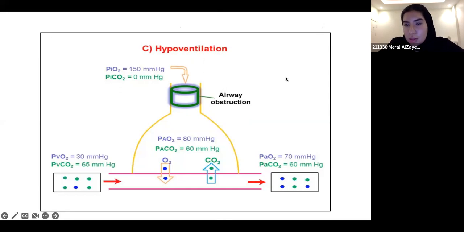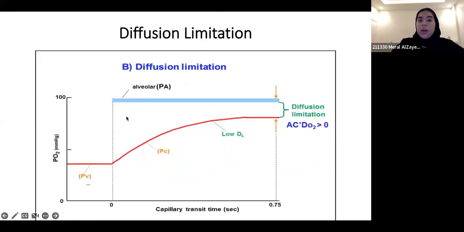Since you asked the question, let me repeat it very fast. In diffusion limitation, you asked what the values would be. There isn't a specific value; it depends on the case, because diffusion limitation can be caused by many things. Here we gave the example of the arterial PO2 being 80 and here it's 100, so 100 minus 80 would be 20, so the A-a DO2 here would be 20.